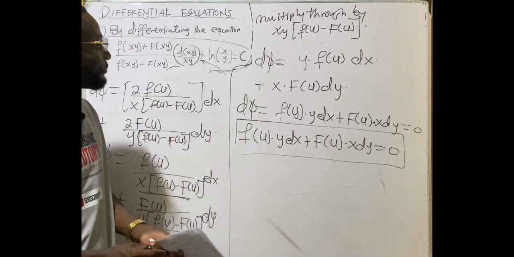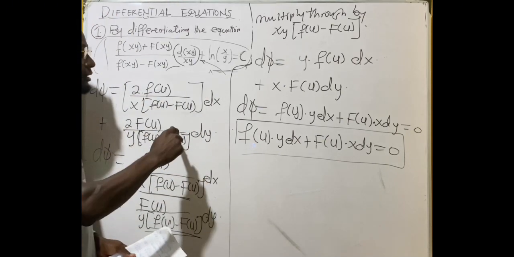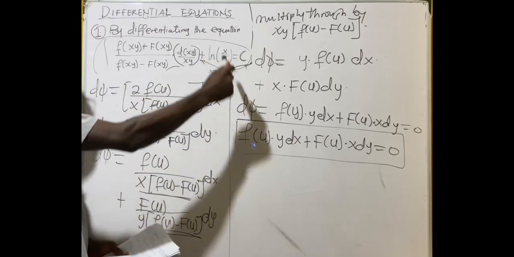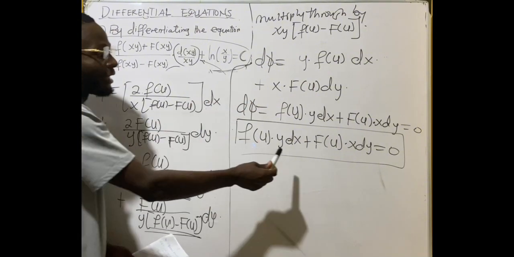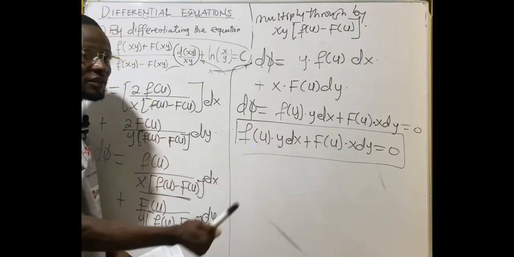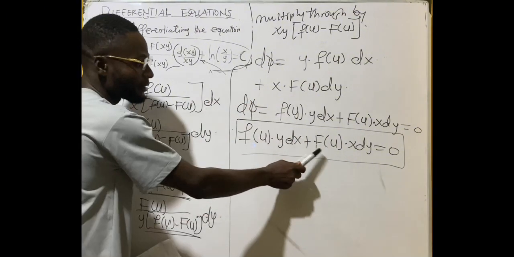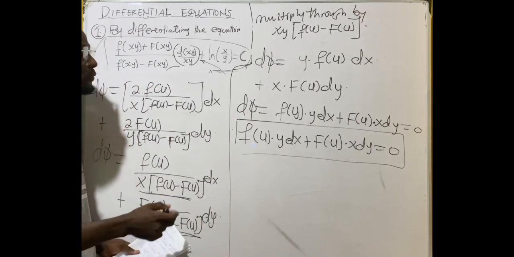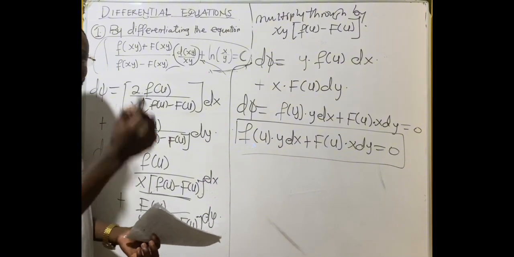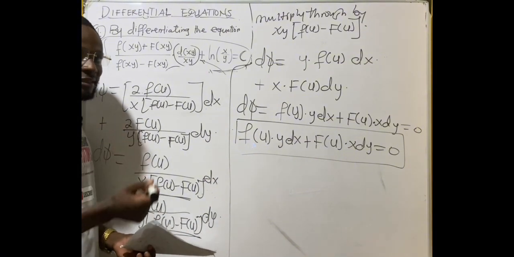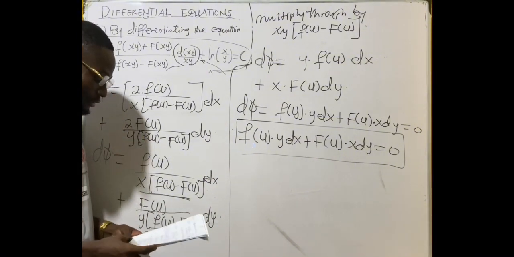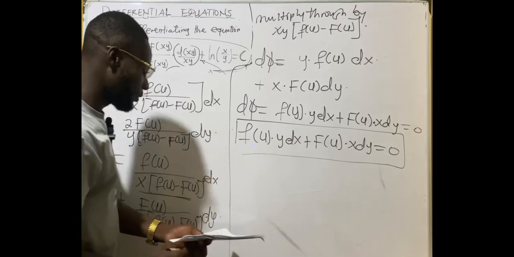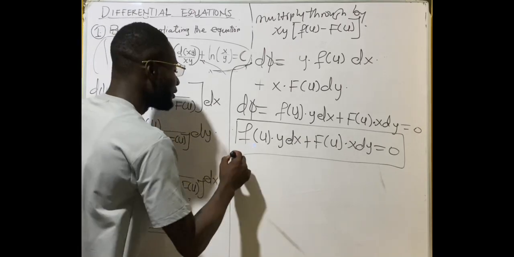Because we have used that and this to show that the integrating factor of the differential equation is indeed that equation. So that integrating factor is indeed an integrating factor. So that's that.